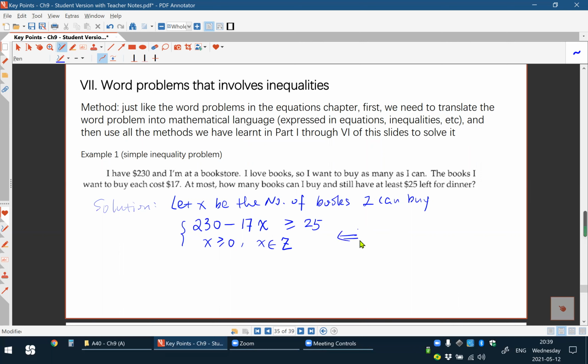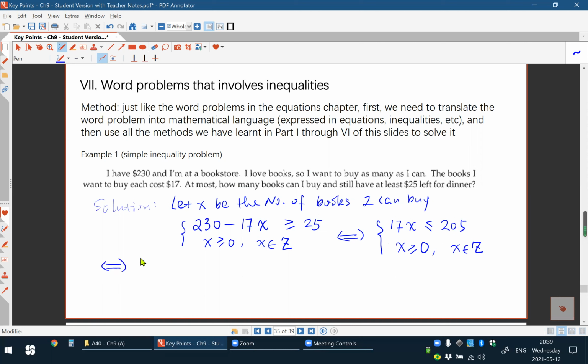So let's solve this. Okay, first, the inequality gives us 17x equal to or smaller than 205, right? Next, x is equal to or above 0. And x belongs to integers.